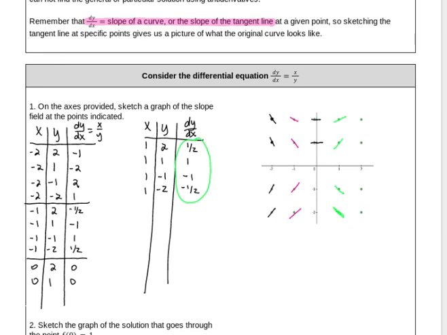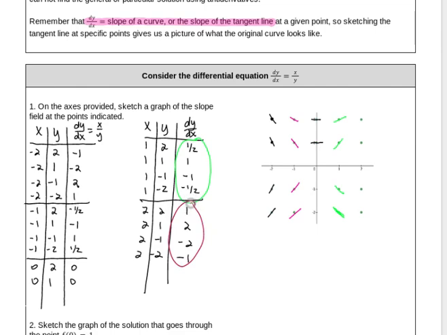There we go. And then finally, we're going to do x values of 2. So we're going to do the point 2, 2, 2, 1, 2, -1, and 2, -2. So let's see, that would be 1, 2, -2, and -1.